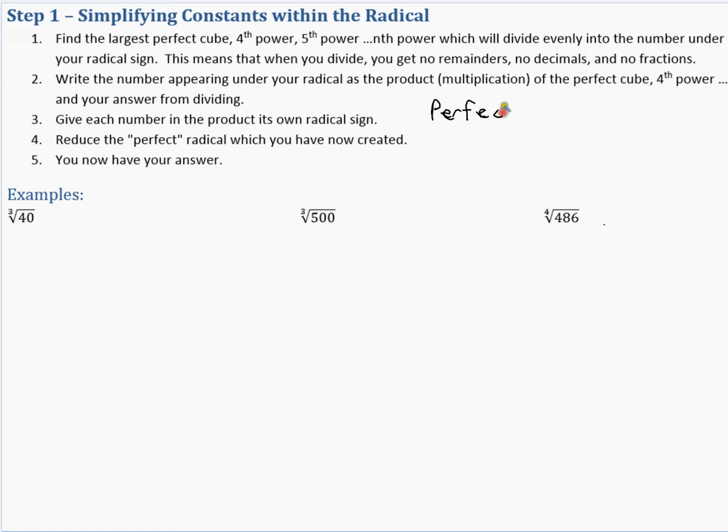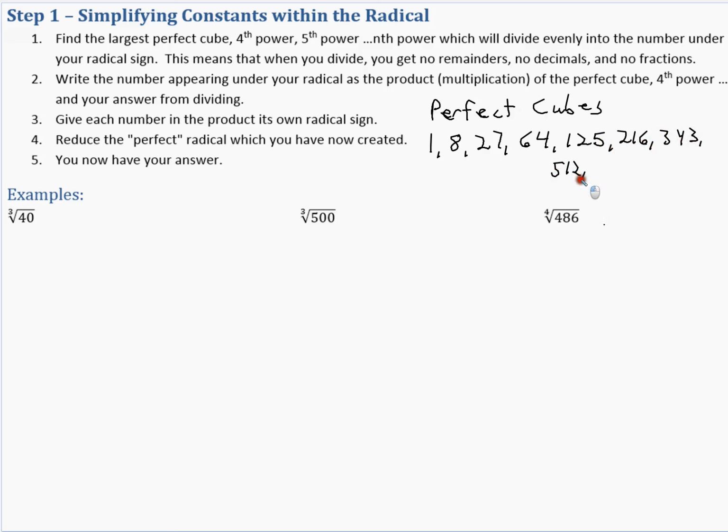We're thinking like 1 cubed, 2 cubed, 3 cubed. So 1 cubed is 1, which we're not really going to use. 2 cubed is 8. 3 cubed is 27. 4 cubed is 64. 5 cubed is 125. 6 cubed is 216. 7 cubed is 343. 8 cubed is 512.